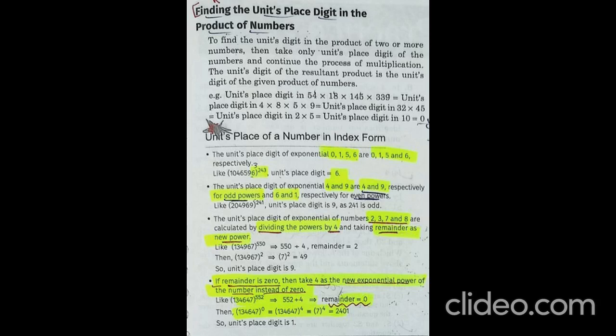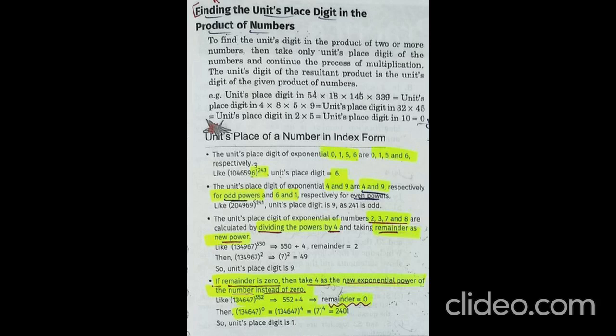The unit place of an exponential of 4 and 9 is 4 and 9 for an odd power, and 6 and 1 for an even power. For example, take 9 to the power 241. 241 is an odd number, so the unit place is 9.